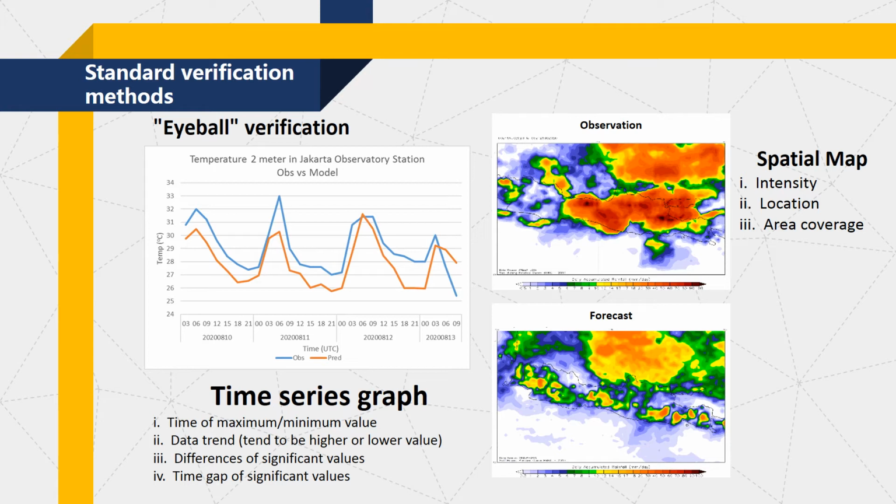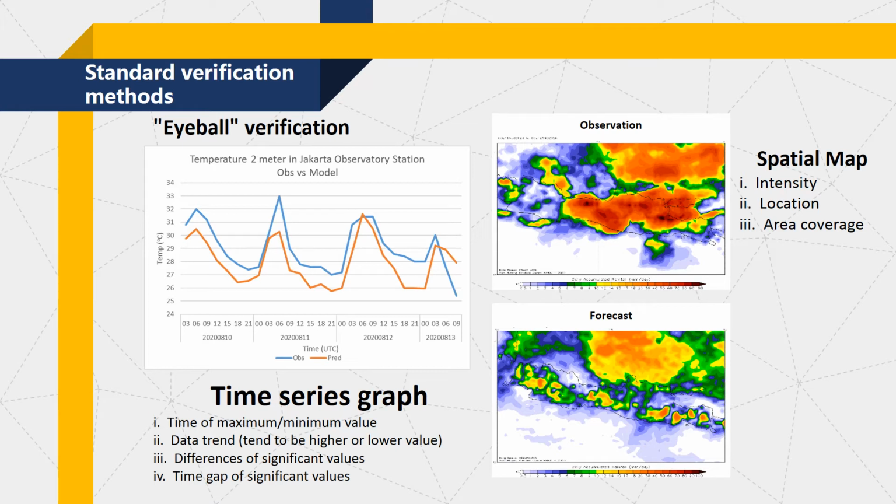And the second type of data that can be verified using this method is the spatial map. For a spatial map, we can use three keys to know how good the performance of the model is.